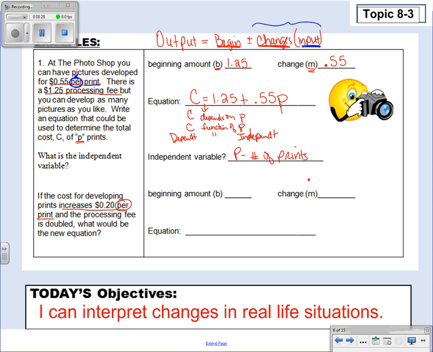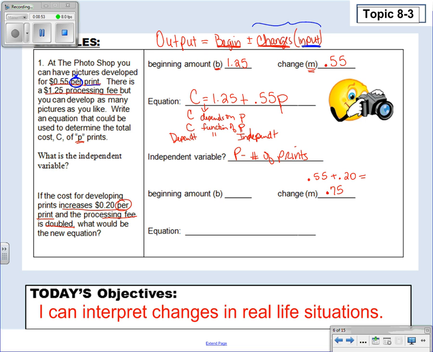So our original change was 55 cents. If it is increasing by 20 cents, increase means plus, so we're going to add 0.2 to it, and that means our new print development cost is 75 cents per print. That's our new change.